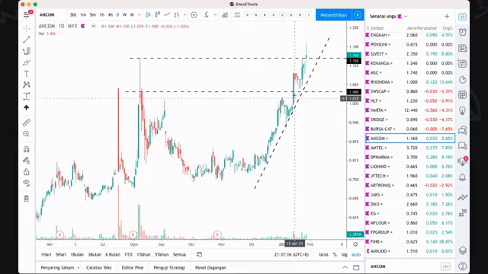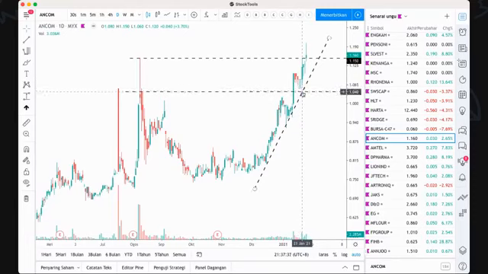Because it already broke out at that strong momentum, it has a tendency to rebound back, testing the previous resistance as support. It's not always like that, but most of the time it is, right?